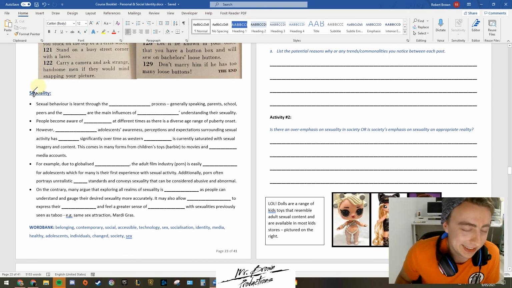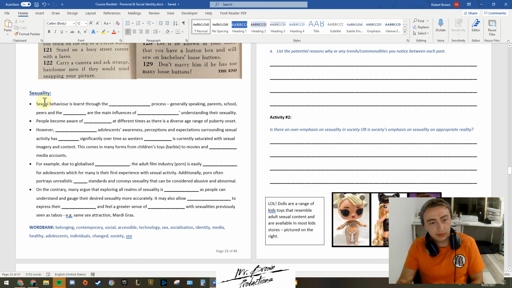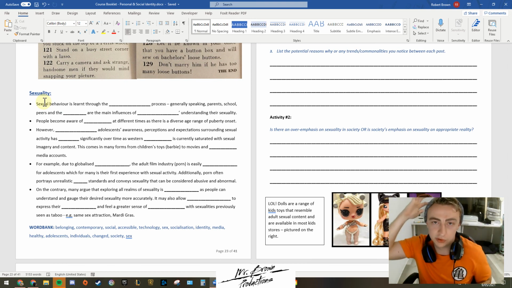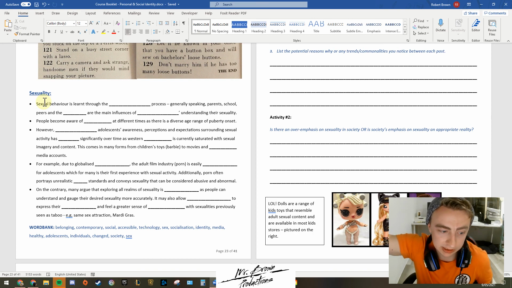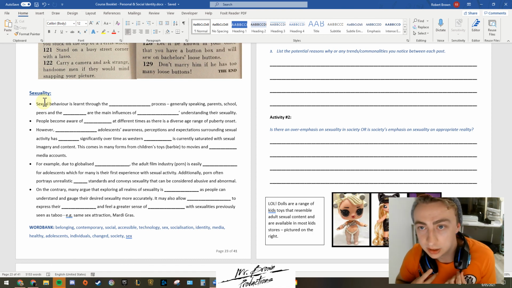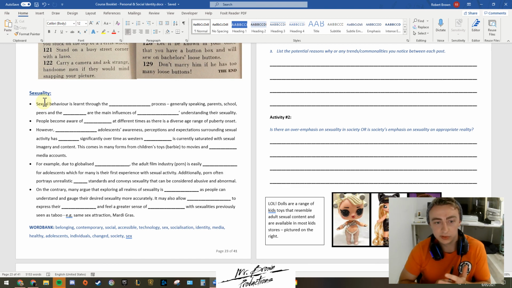All right, sexuality. The idea of your sexuality is something that we call a nature. So it's generally something you are born with. It's not something like, say, a belief or value that can be taught to you over time. Most people feel their sexuality is something that they're born with, whether that's heterosexual, homosexual, pansexual, bisexual, asexual even.